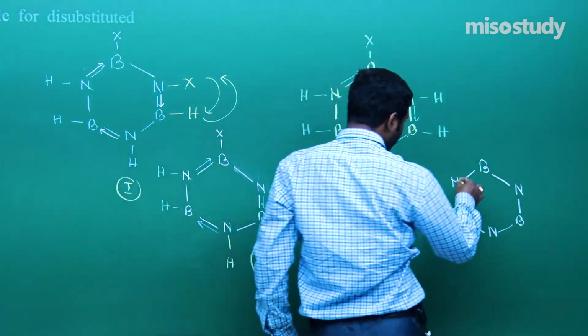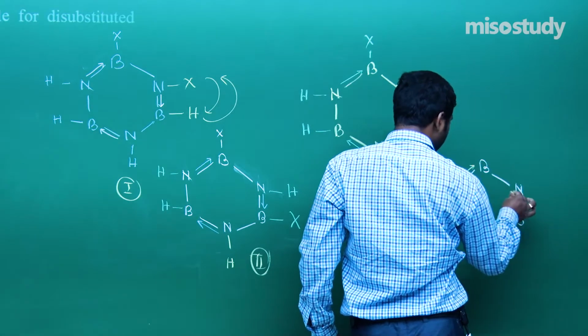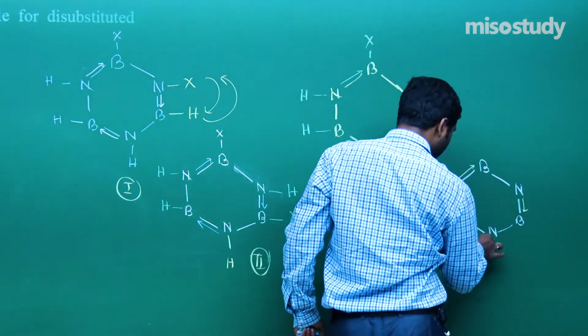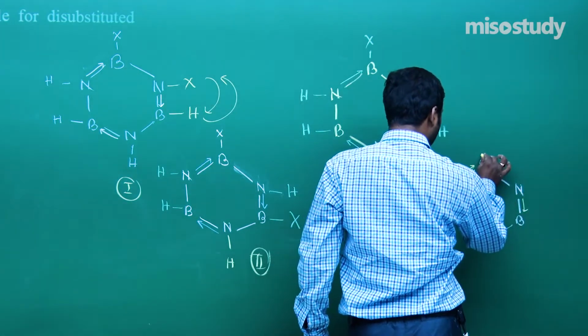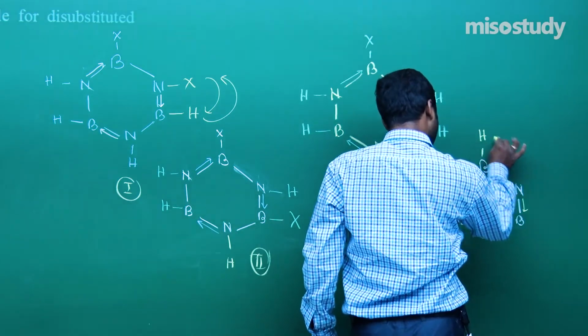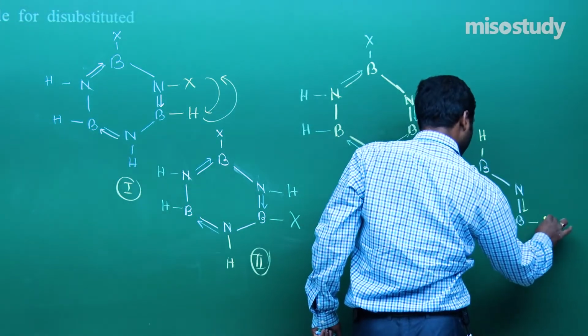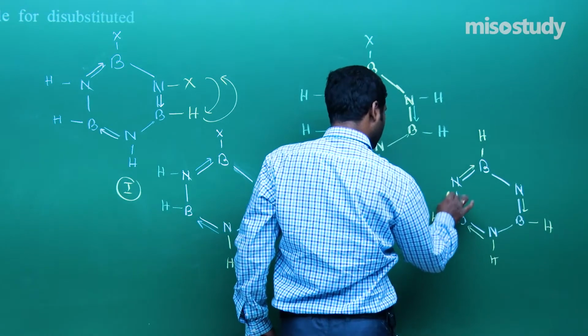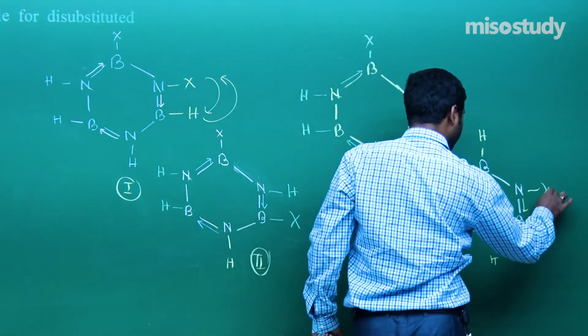Wait for a moment. Put here this, put here this, and put here this. Now put here H, put here H, here put H, now H, now put here X, now put here X.